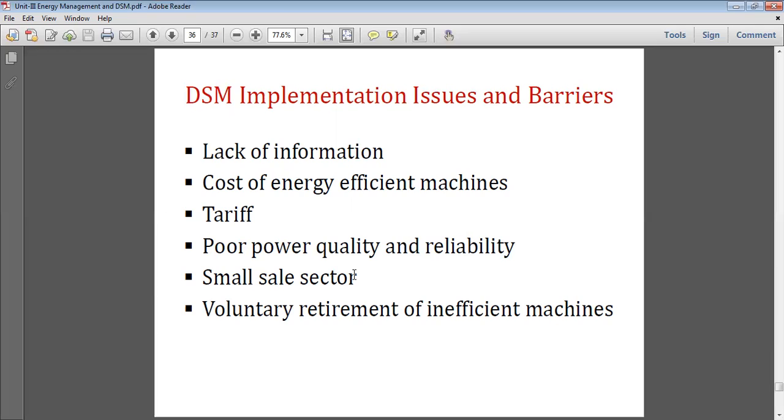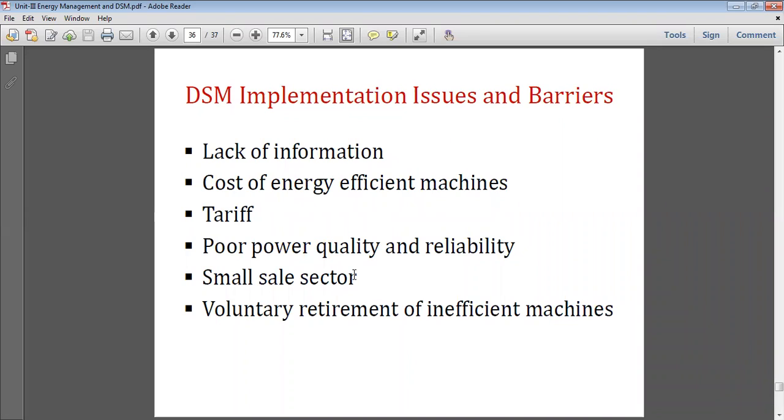We can consider the agriculture sector. The farmer only thinks about pumping of water. The consumer is not bothered about the power factor of the pump, the efficiency of the pump, or the discharge rate.